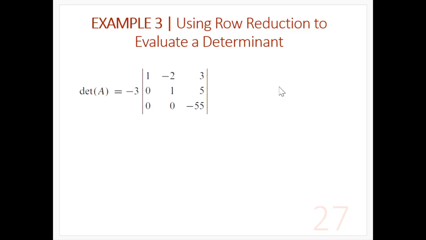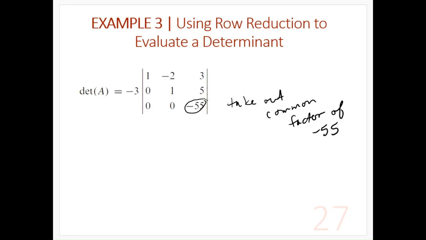So now we have 2 leading ones at the moment. So what are we going to do now? How are we going to get a leading 1 in this position? We're going to take out a common factor of negative 55.